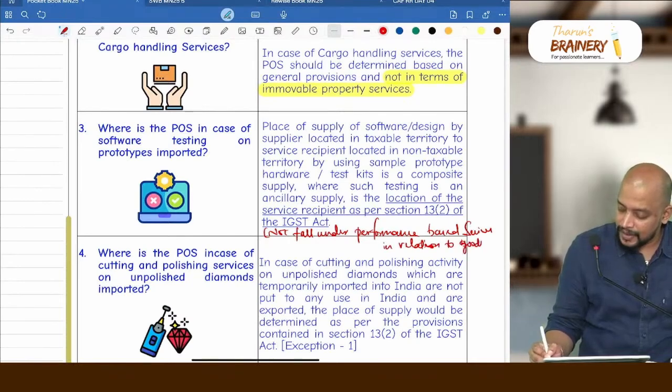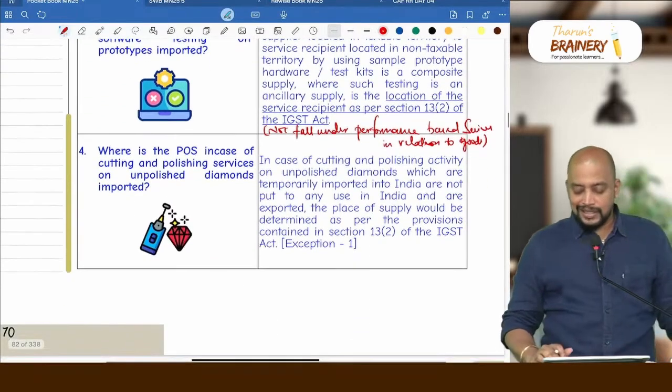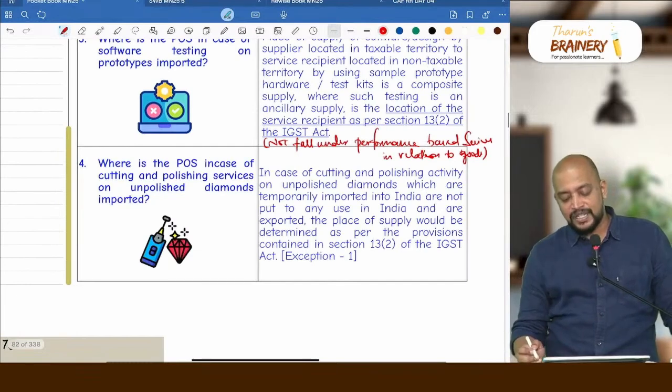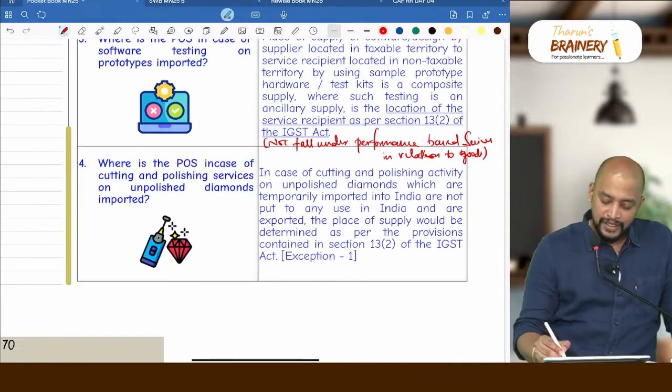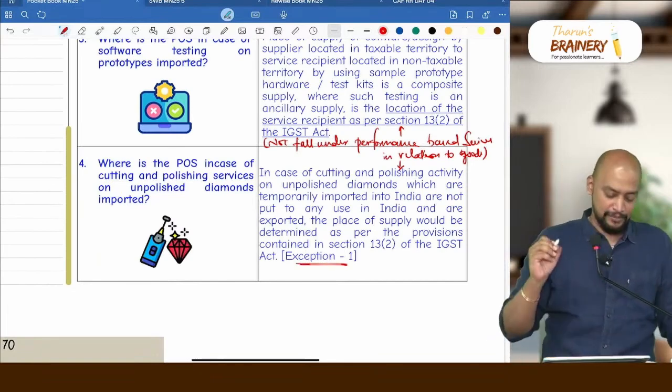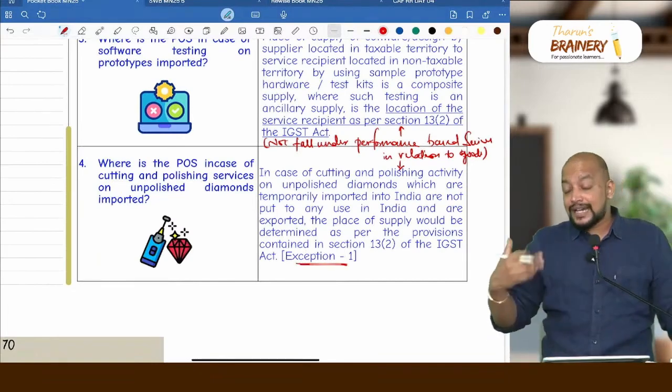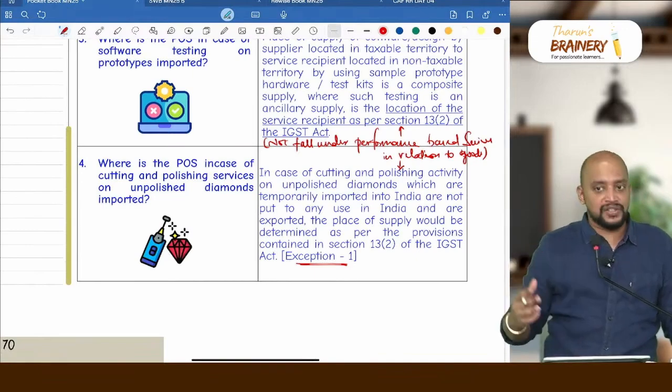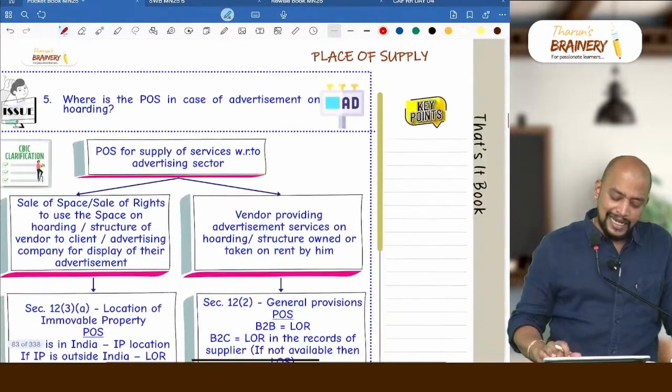Then what about this? This is also not coming under performance based. This is a common point for both. It will not come under performance based service in relation to goods because it comes under exception 1. So the reasoning is what you will get marks for, not for writing the answer.